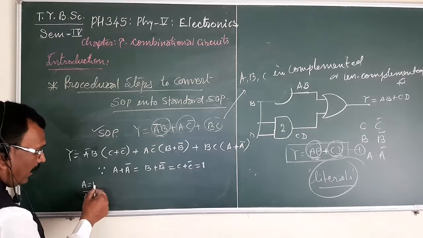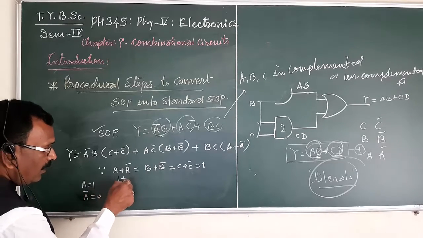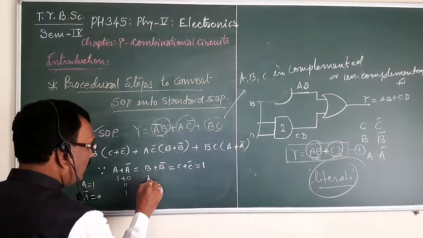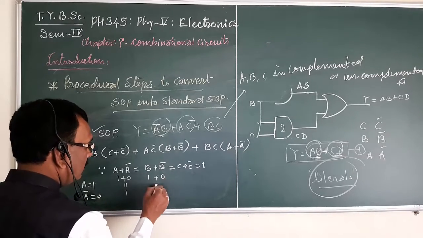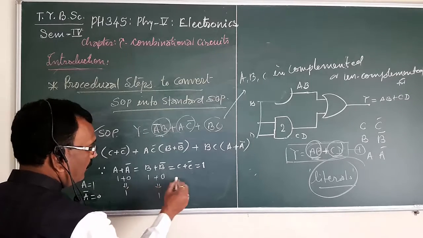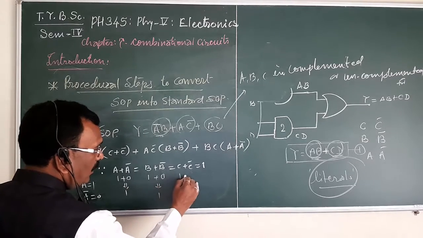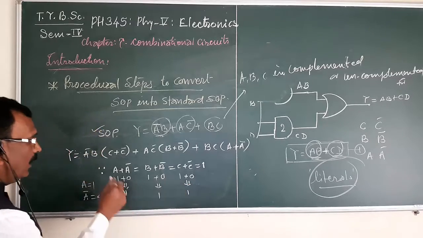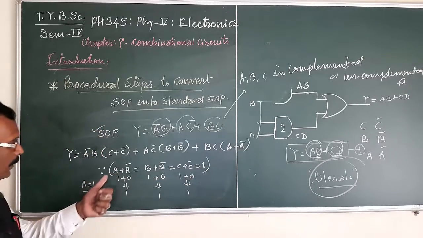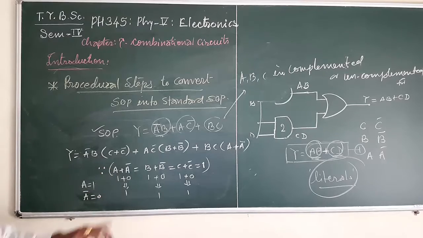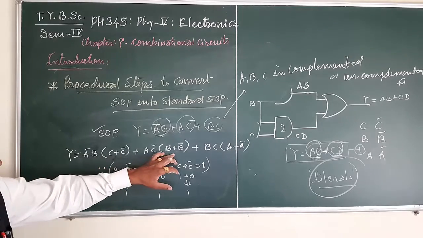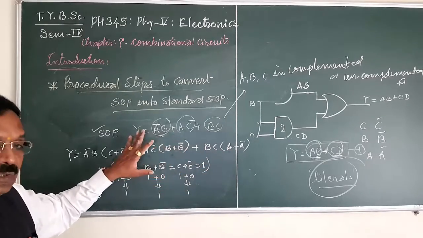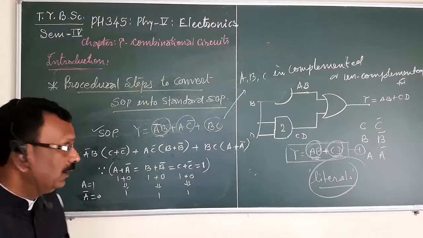Now what is 1 plus 0? 1. Like B is 1, B bar is 0, then 1. Then C is equal to 1, its complement is 0, then we will get 1. So remember that though we multiplied by C plus C bar to the first term, B plus B bar to the second term, and A plus A bar to the third term, there is no effect on this equation. Okay.